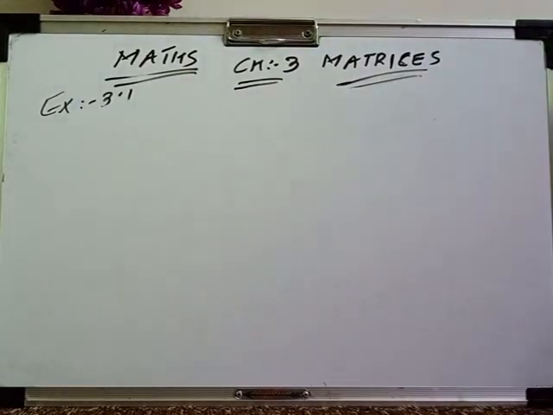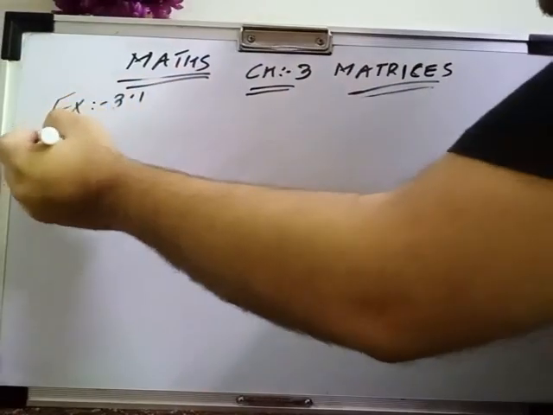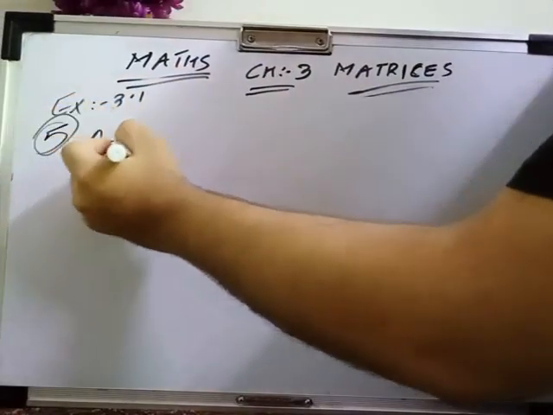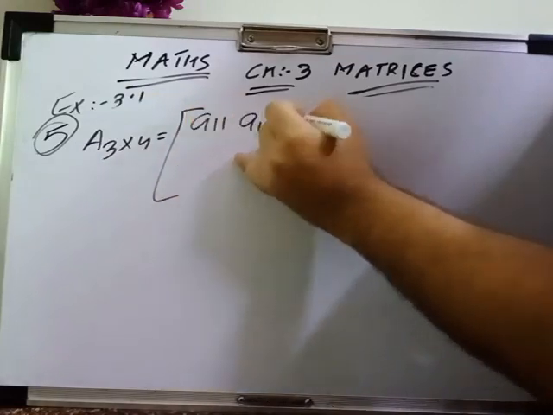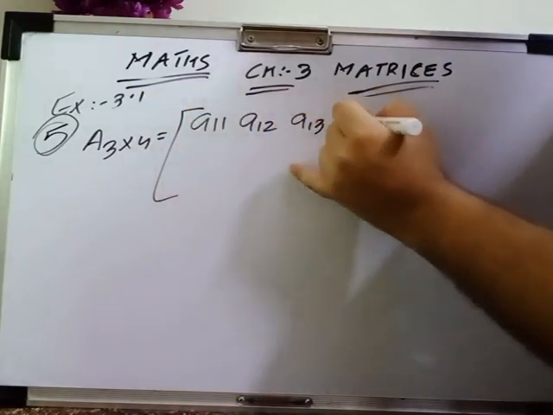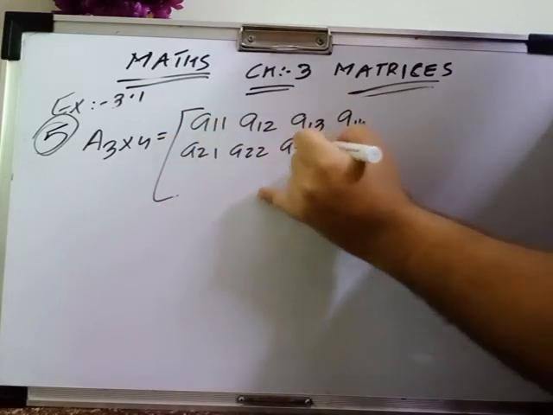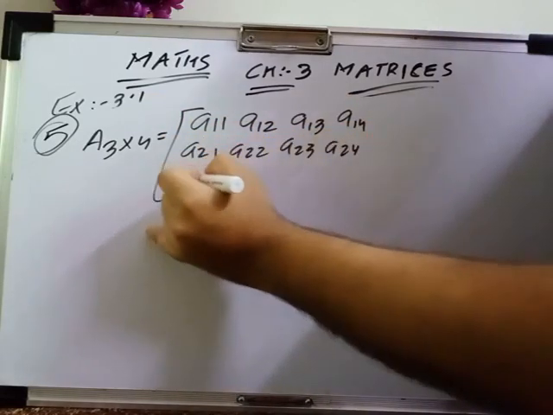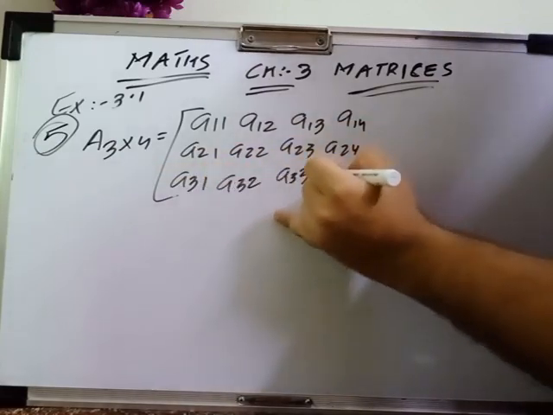Let's try to understand the fifth question, where we are asked to construct a 3 cross 4 matrix. So it will have A11, A12, A13, A14, A21, A22, A23, A24, A31, A32, A33 and A34.